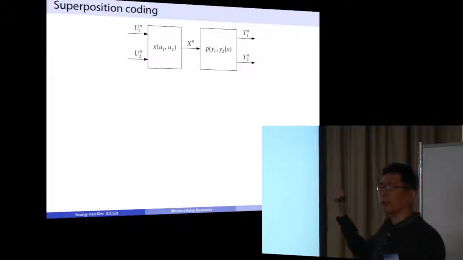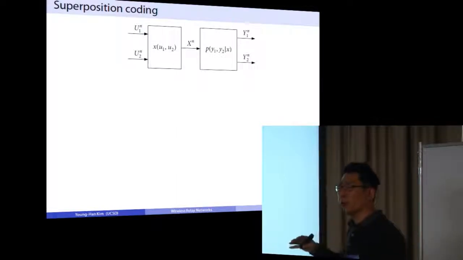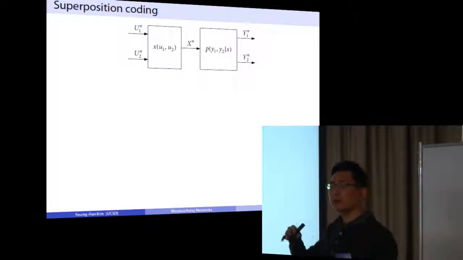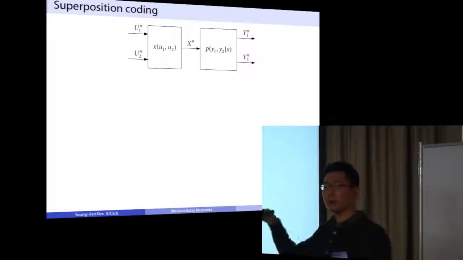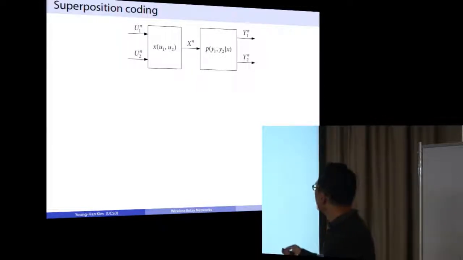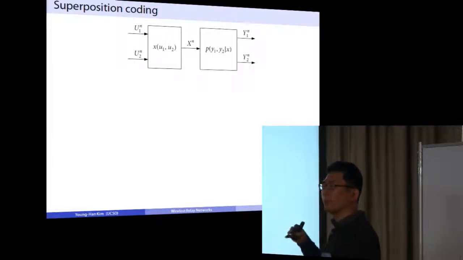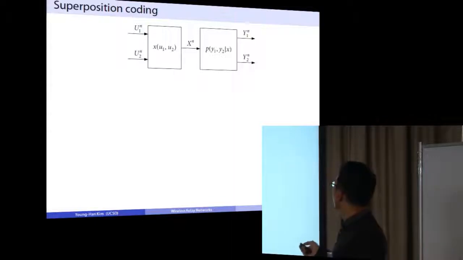Superposition coding tries to do something differently. In superposition coding, we actually would like to use the same times and the same frequencies altogether. Instead, we are splitting the space of signals. So we think of our input x as a superimposed version of two different signals, say U1 and U2.